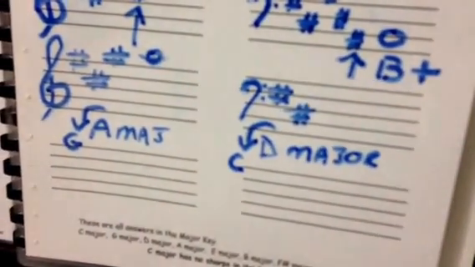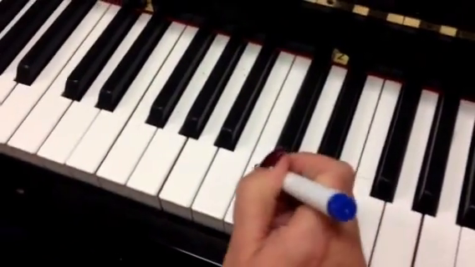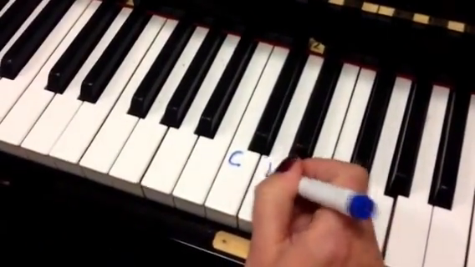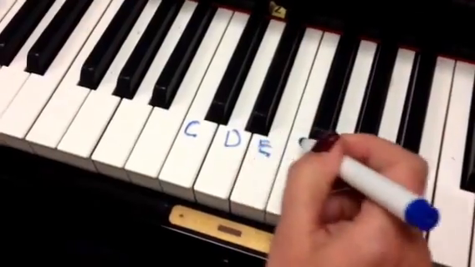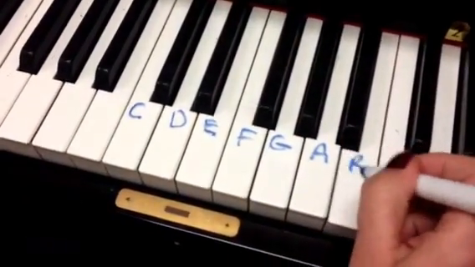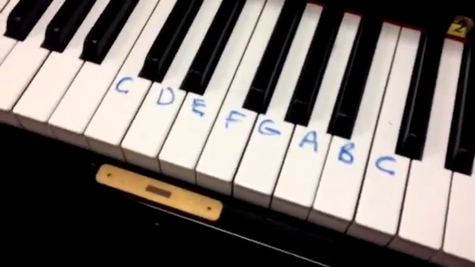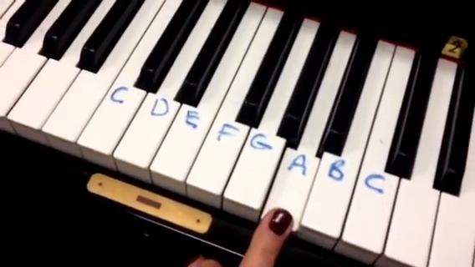Now take a look at the keyboard here. On the piano keyboard, understanding that this is C, we know this is C, D, E, F, G, A, B, C. So, A major. What is the key signature for A major?